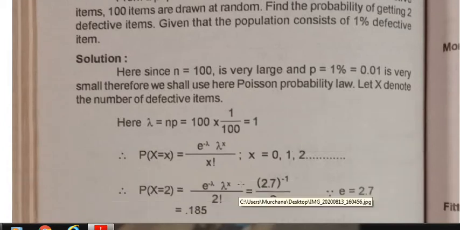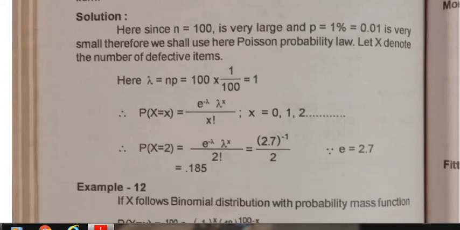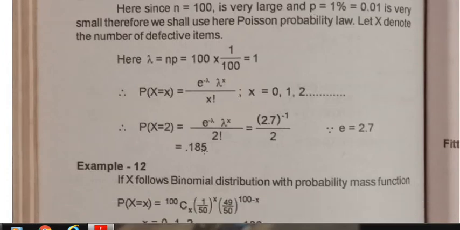Therefore, we can write x equals 2 in this definition. After putting the value x equals 2, we get 0.185. That is, the probability of getting 2 defective items is 0.185.